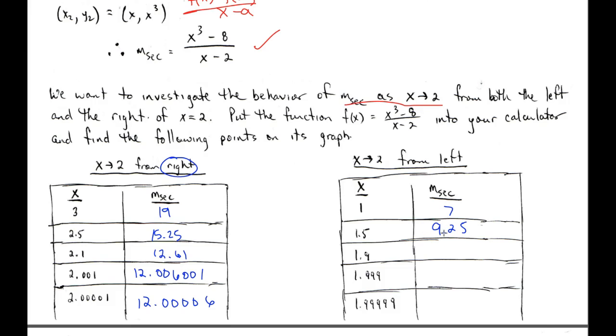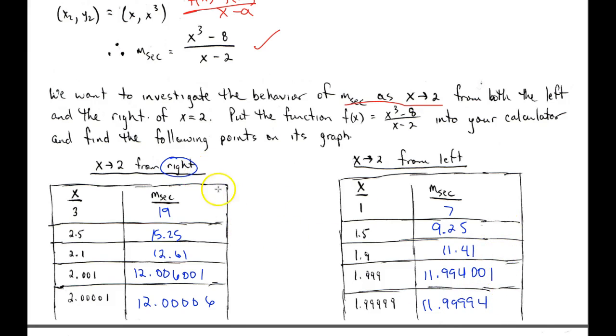If we get 1.9, then we get 11.41. 1.999, we get 11.994001. And then 5 nines after the decimal, and we get 11.99994. So you can see, coming from the other way, it looks like we're getting closer and closer to 12 as well.